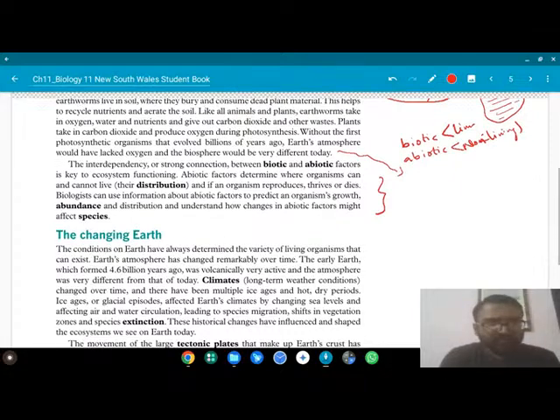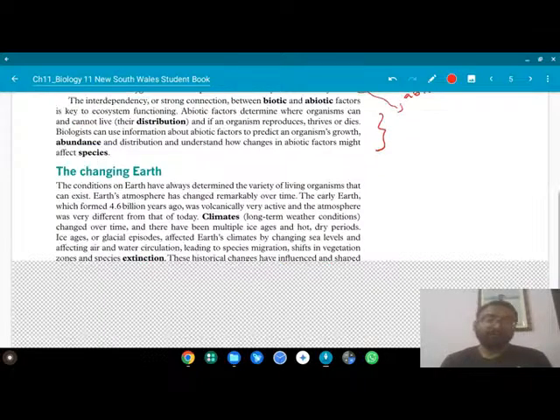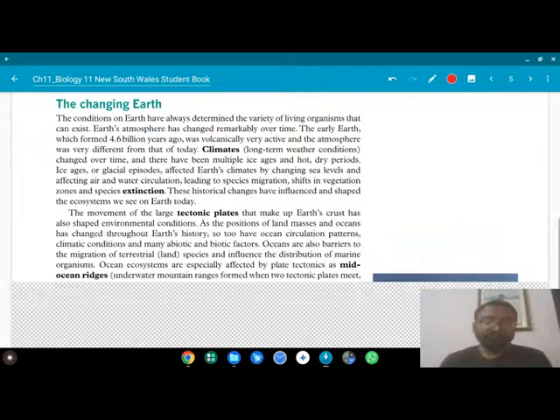I have seen the word recycle also. So it is carbon dioxide, and the recycling of nutrients. See, earthworms live in soil, and they bury and consume dead plants and animals. So that is the ecosystem going. The recycle is most important.